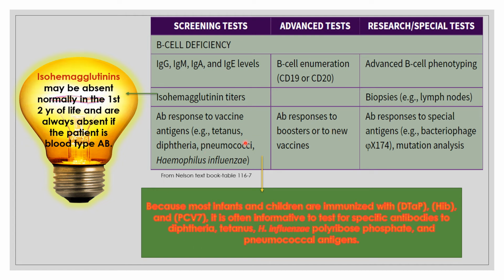If it came positive or negative, we can do the antibody responses to boosters or to new vaccines to confirm the result. We can also confirm it by doing antibody responses to special antigens like bacteriophage and mutation analysis.